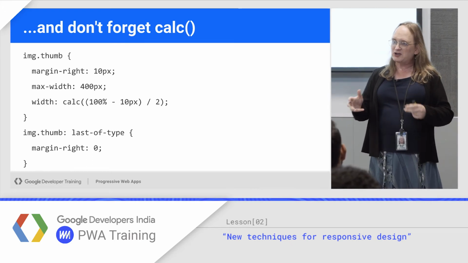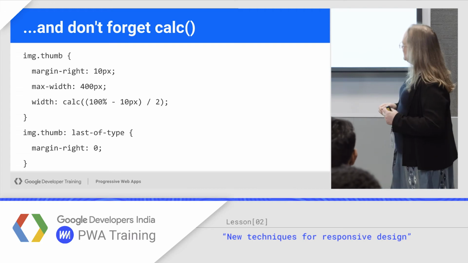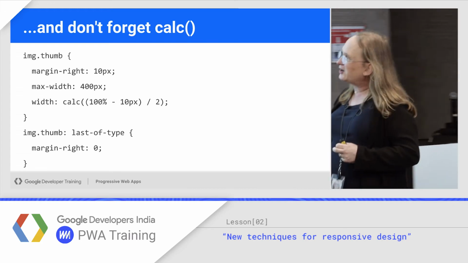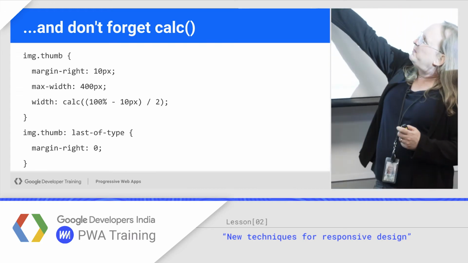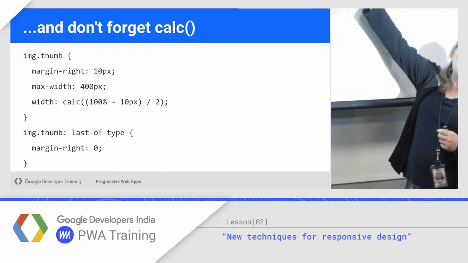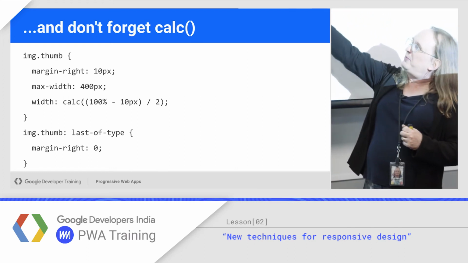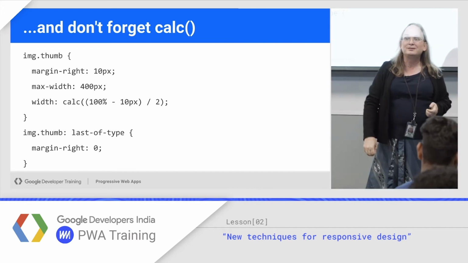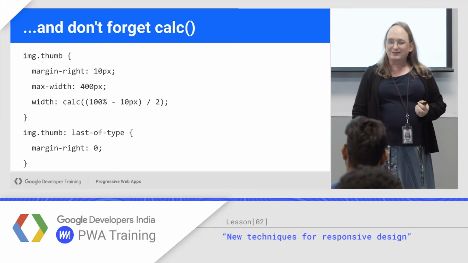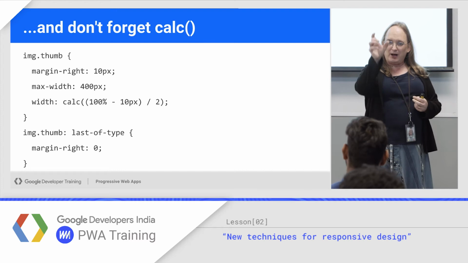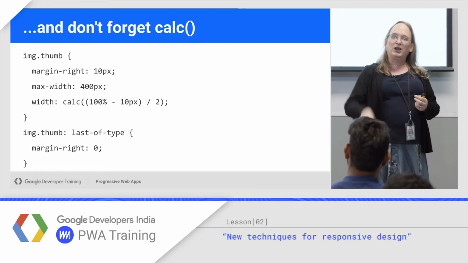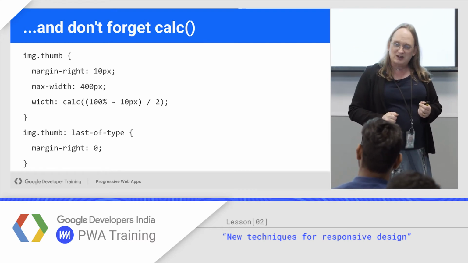I don't have to use JavaScript to figure out a grid size. I could say in my CSS, calculate the full width of this box minus 10 pixels and divide that by 2, and that's my width. That's pretty cool, right? I can actually now build half-screen columns with margins very, very easily.